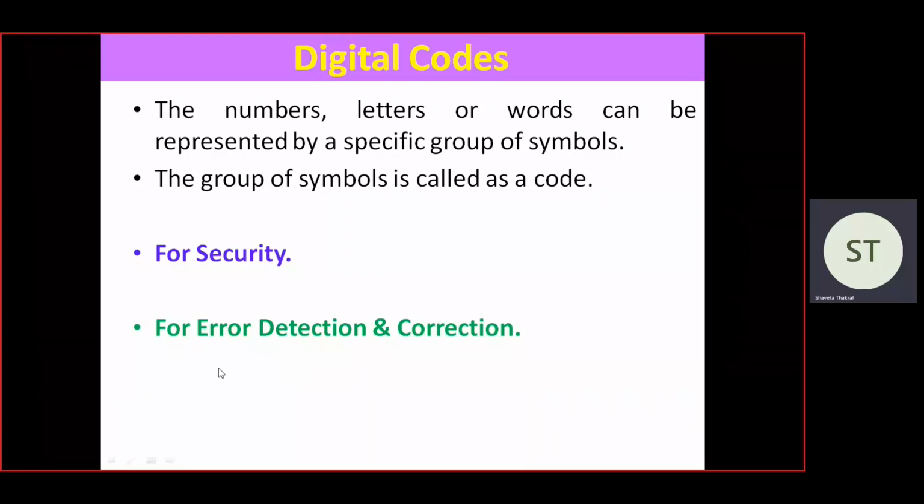On the receiver side, if we have the digital code, then we can easily detect the error, as well as correct it. There are many error detection and correction codes that we can apply while transmitting information, so that on the receiver side, an error can be easily detected as well as corrected.